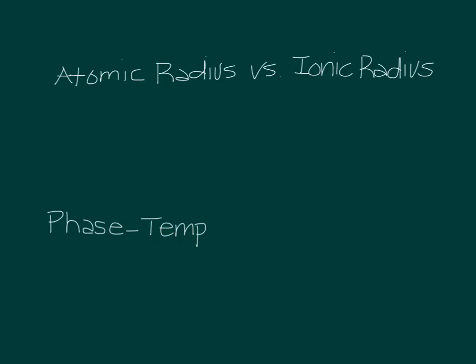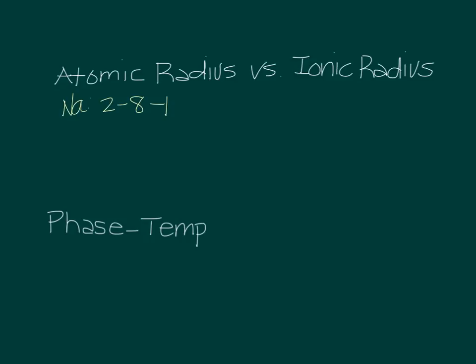Let's briefly talk about the atomic radius versus the ionic radius, because this often comes up on the Regents. Remember, let's use sodium as an example here, 2,8,1. I always ask you, look at the valence electrons. Is it going to give up that number, or is it going to add what it takes to make the difference of 8?